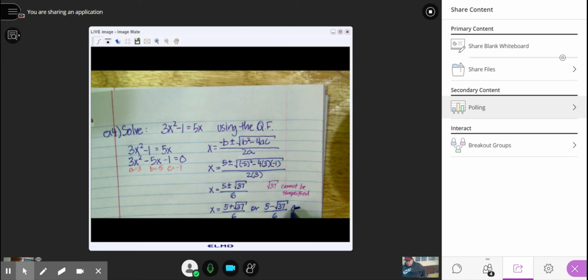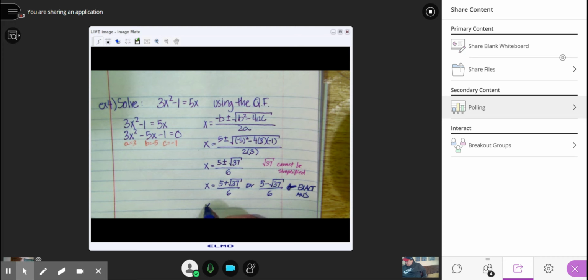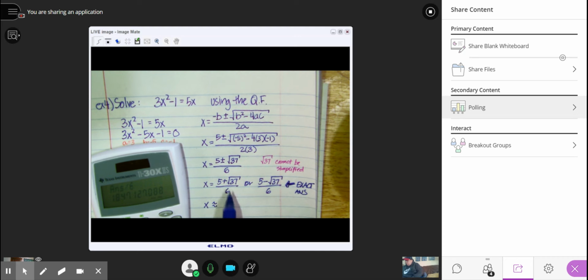These guys would be our exact answers. If I plug it into my calculator and do 5 plus the square root of 37, all of the numerator, and then divide that by 6, I get approximately 1.847.